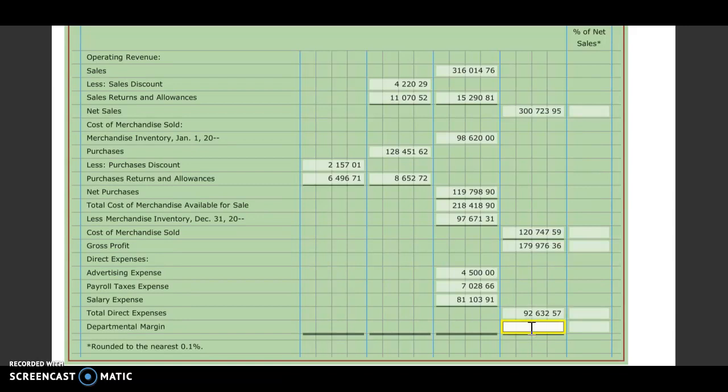Then to figure out our departmental margin, we're going to take our gross profit minus those direct expenses. And that comes to 87,343.79.